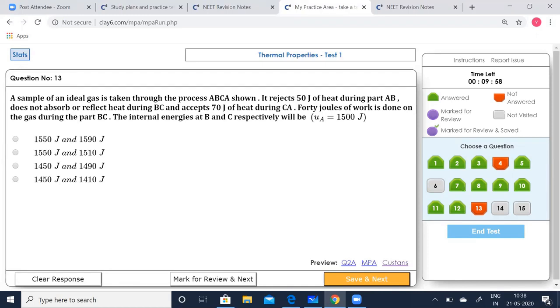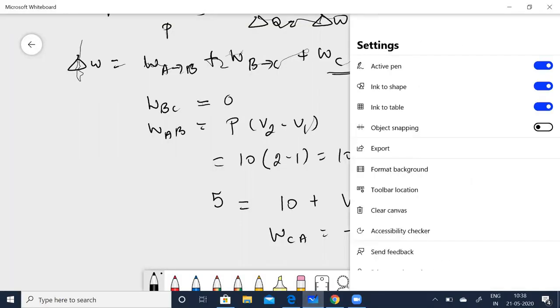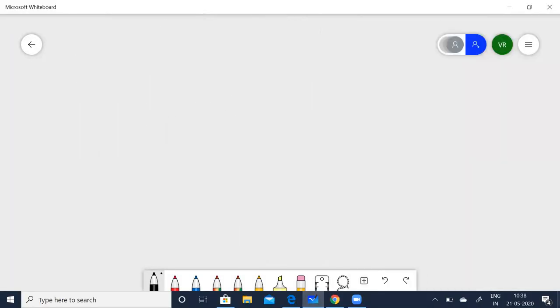Let me draw the diagram for you first of all. According to the problem, the diagram goes this way. Here, V is taken on the x-axis and P on the y-axis. So I'm sorry, children.